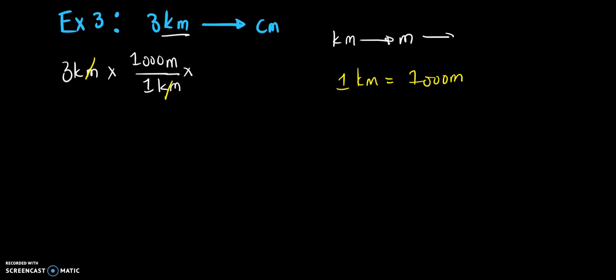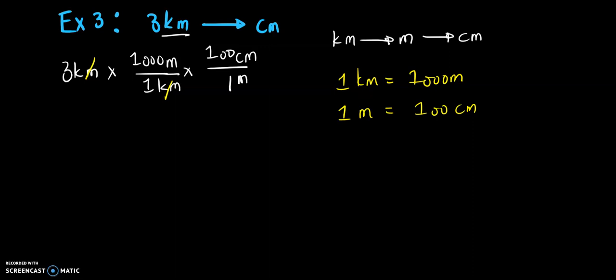Now we are moving from a meter to a centimeter. So we are dividing by a meter to cancel out this, and then we know we are going to a centimeter. The conversion factor says 1 meter is to 100 centimeters. So 1 meter is to 100 centimeters, right?